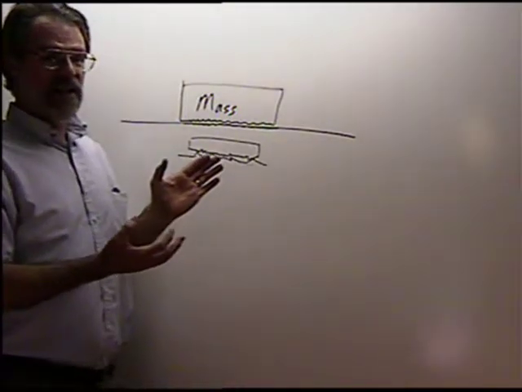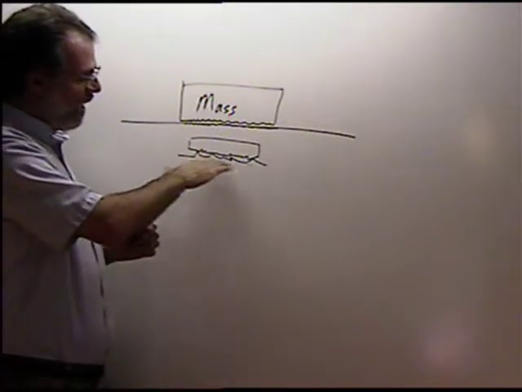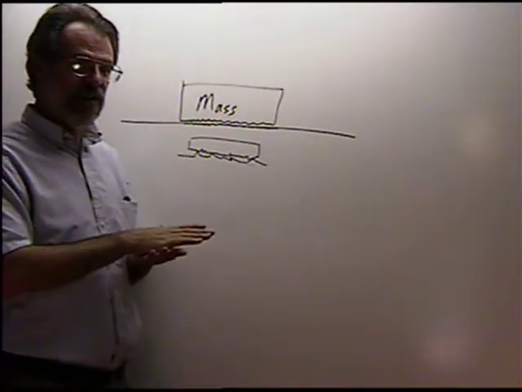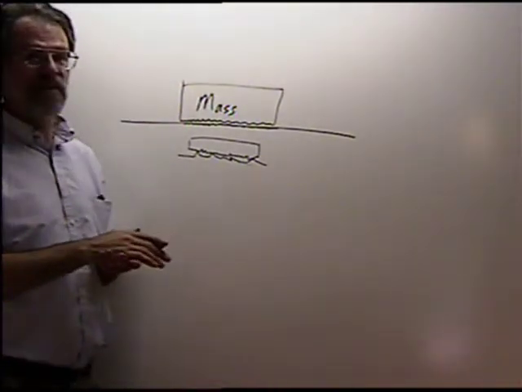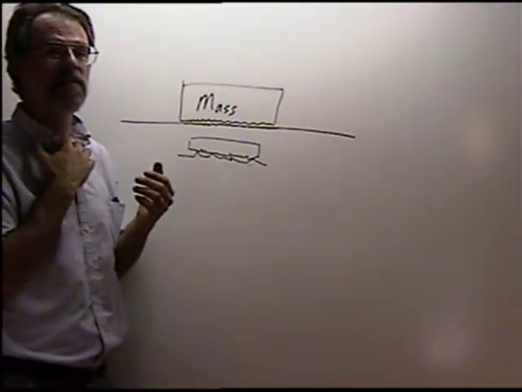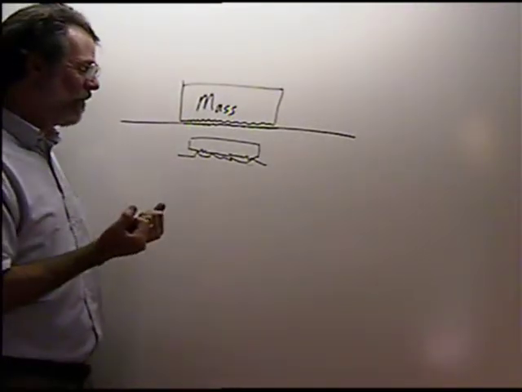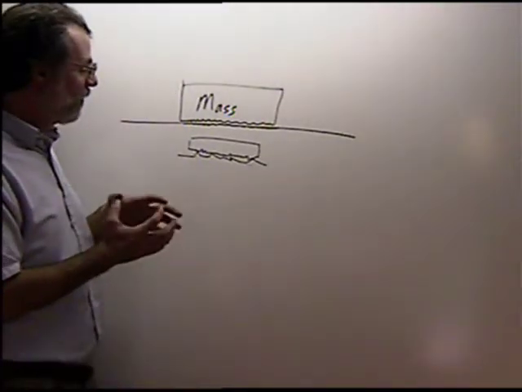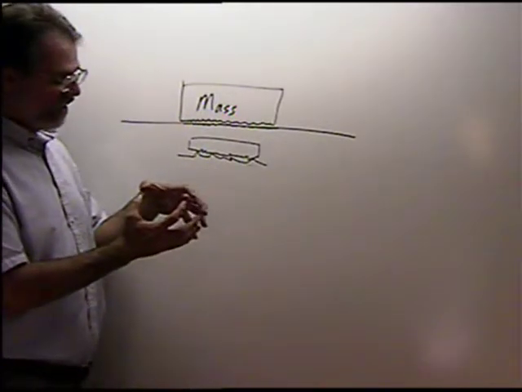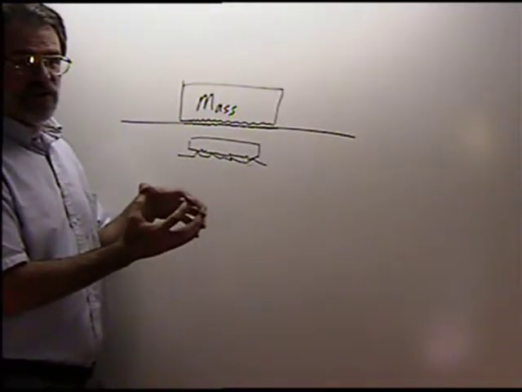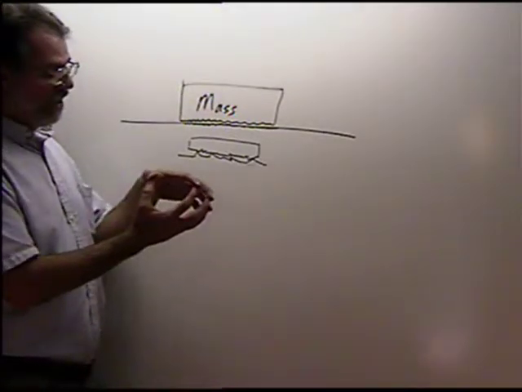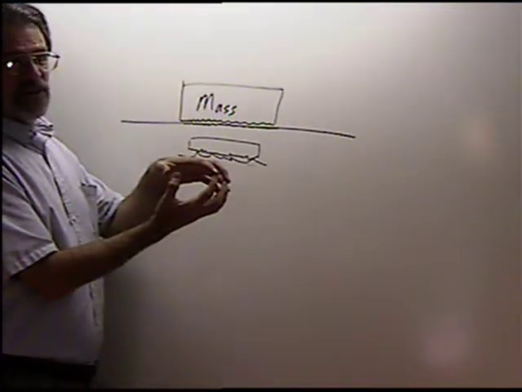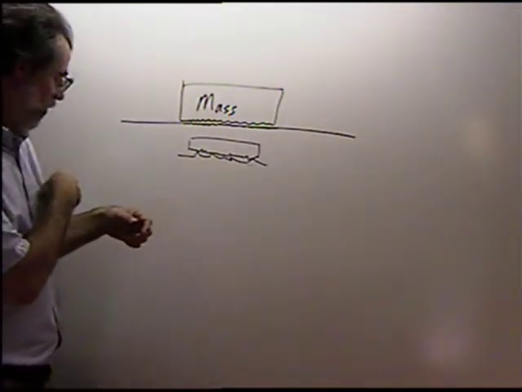And if you say, well, maybe even at that micro scale we're going to smooth it out, well, you get down to the scale of molecules and individual atoms, and at some point you're going to get jagged points. So when these jagged surfaces touch each other, they're going to cling to each other, and you're going to have a certain force to overcome this grabbing of each other. That's the force of friction.